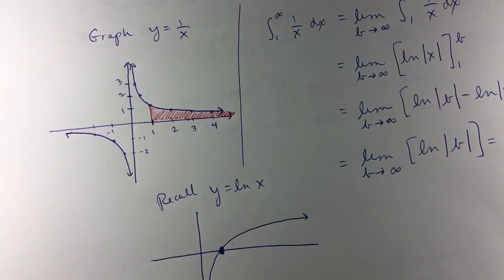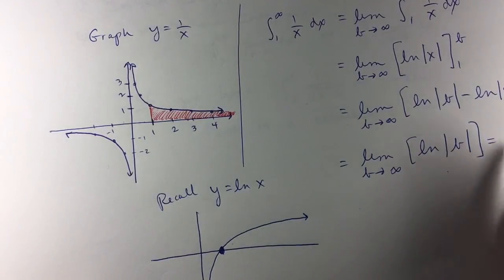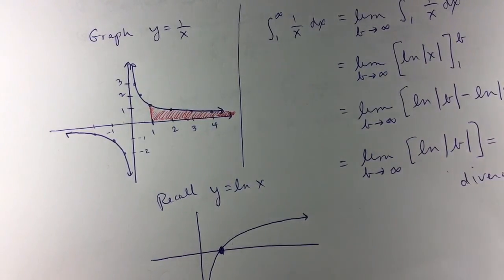Now we have a word for this. If this is going to infinity, we would say this diverges. Or if it never settles down to a certain number, we'd say diverges.